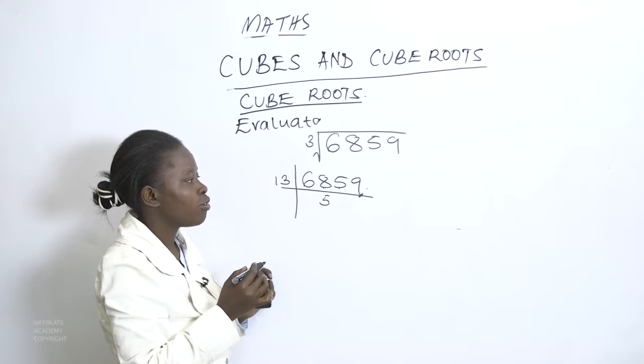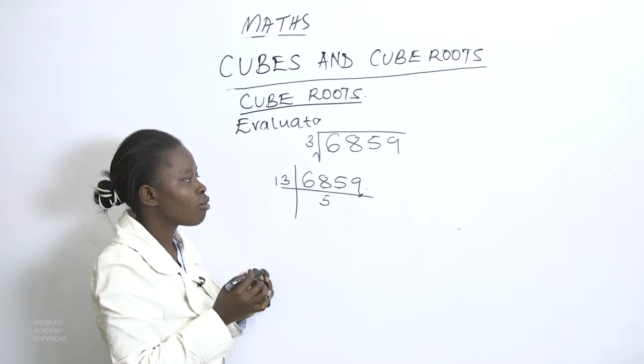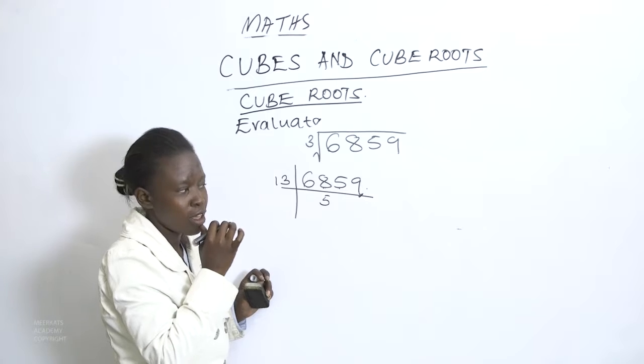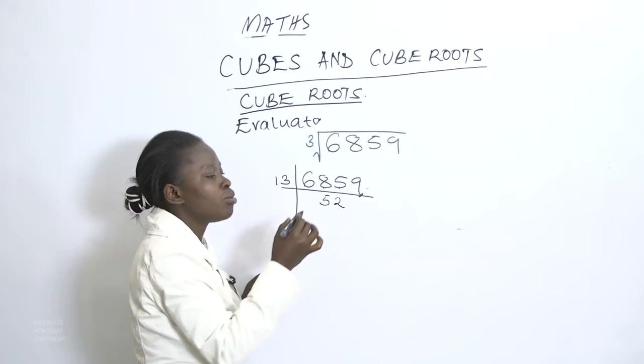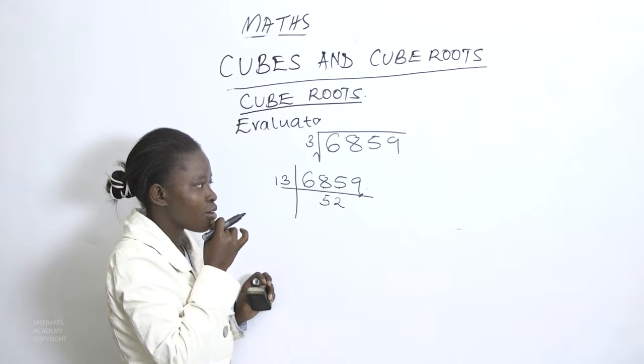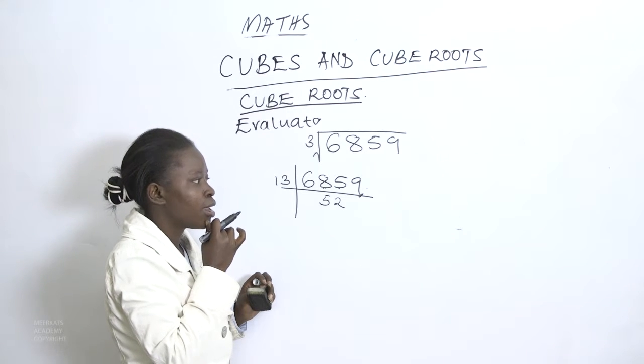So 65, we have a remainder of 3. So 13 into 35, that is 2 because of 26, and we have a remainder of 9.